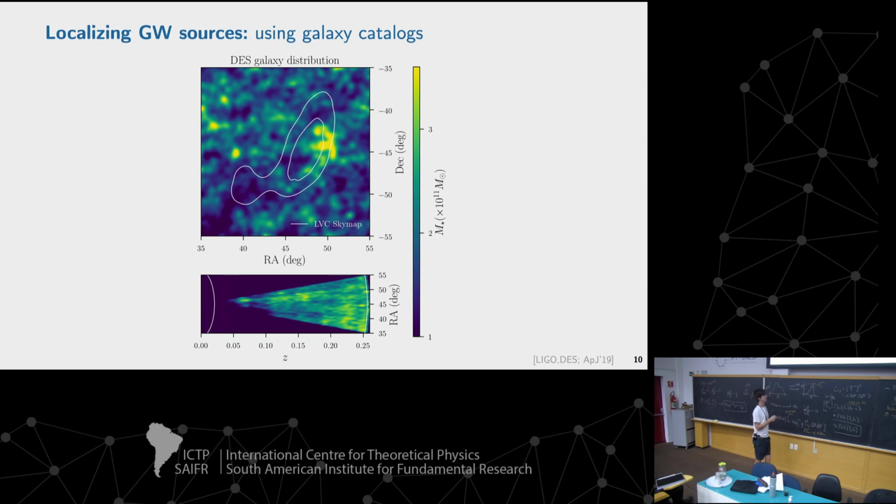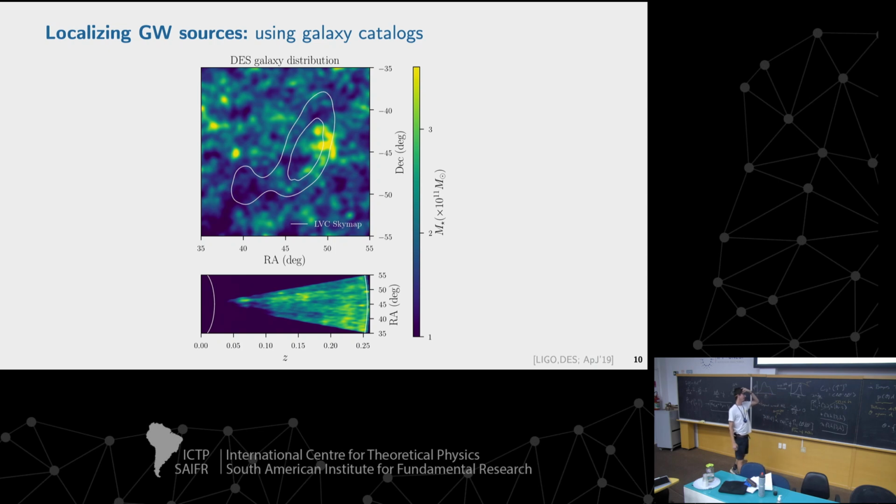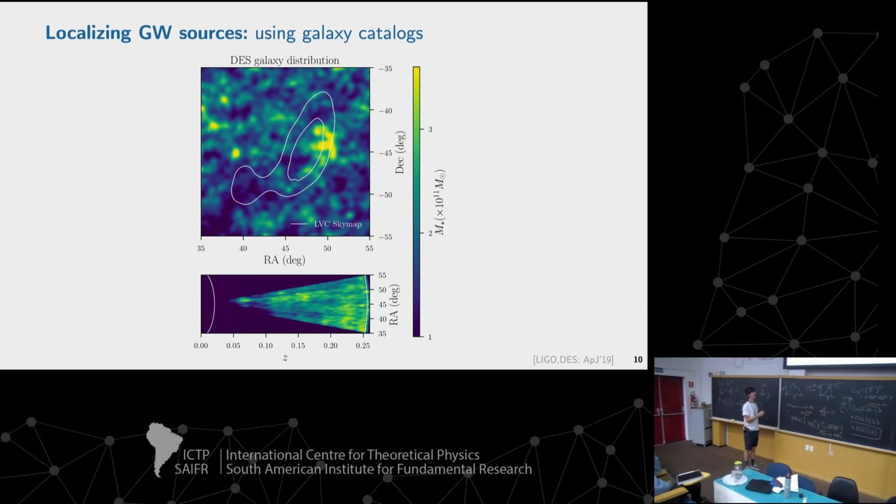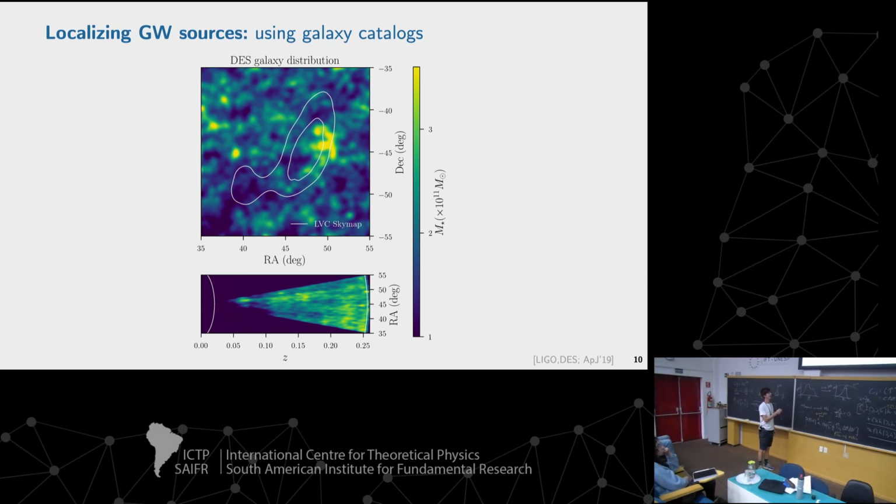And what you are seeing here is a map of the mass in the catalog, in the sky localization, but also in terms of redshift.